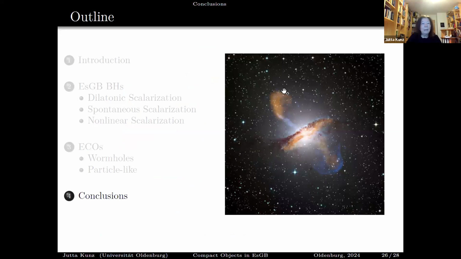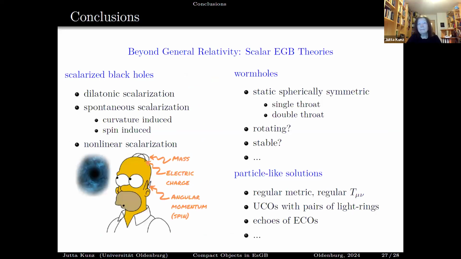Yeah, and I think I'm at the end now, just on time. We have discussed the different types of scalarizations that are popular for this type of theory for the black holes, and we have seen, because of this interesting energy momentum tensor that we have, we get these exotic compact objects, also the wormholes and the particle-like solutions.